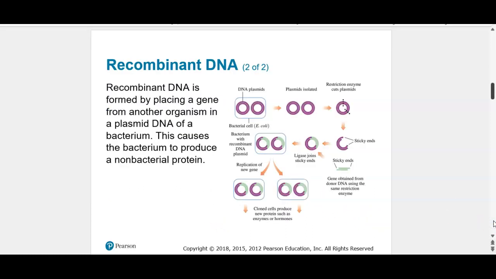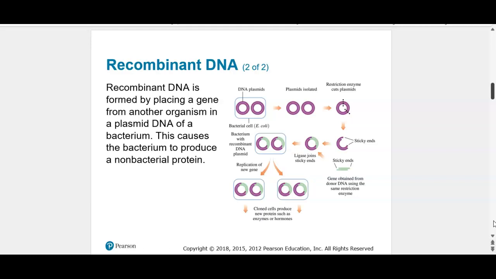And here's a diagram of what's going on. You see the DNA plasmids are these small circlets of double-stranded, double helical DNA, and you can isolate them, and then you open them up with a restriction enzyme. You see they're taking a piece out there, and they have what are called sticky ends.